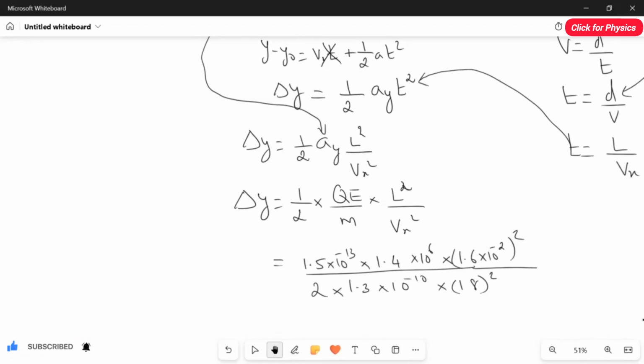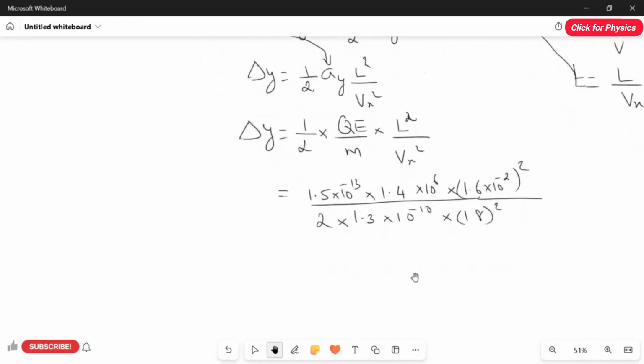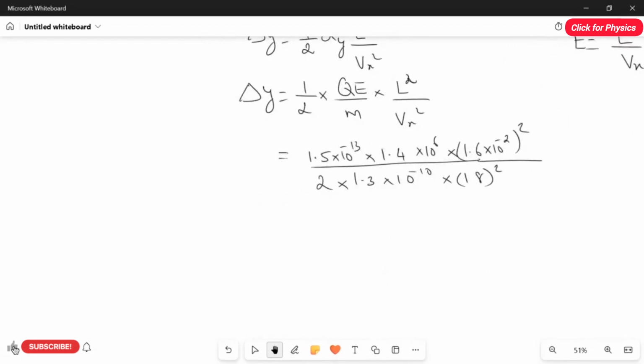This should be square. So now I have to find the answer. Here I got the value for delta y equal to 6.38 multiplied 10 power minus 4 meter.